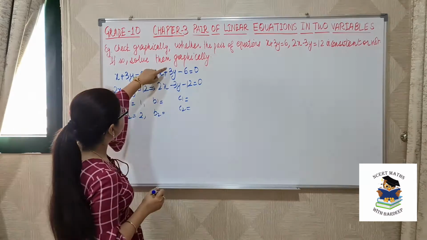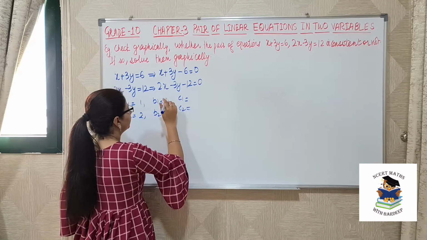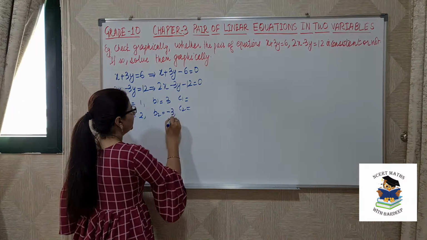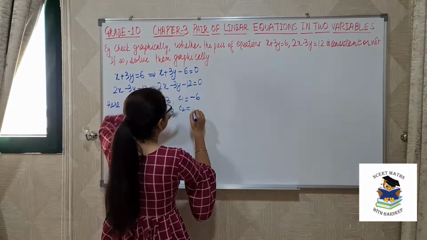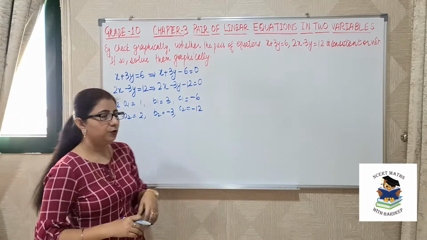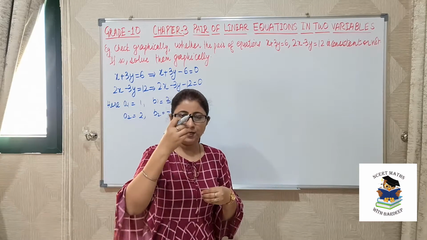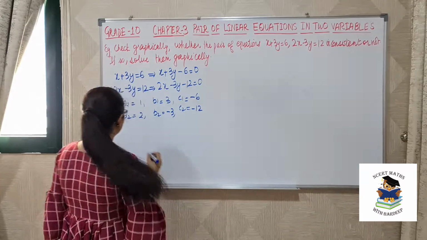Coefficient of y, this is 3 and minus 3. First one is positive 3, second is minus 3. c1 is minus 6 and c2 is minus 12. After finding these values, we will check the value of a1 by a2, b1 by b2 and c1 by c2.